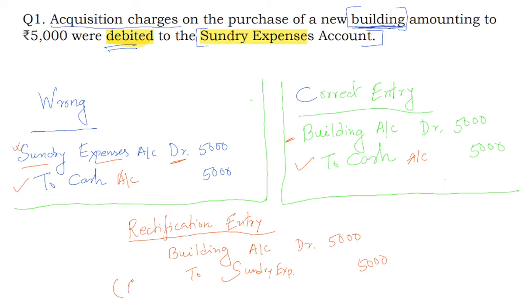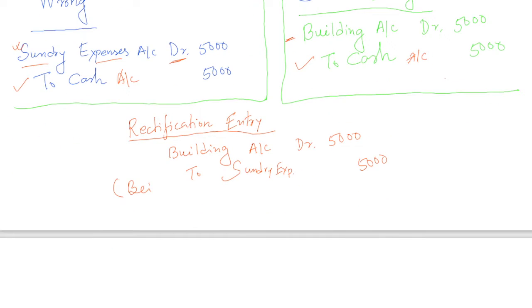So we'll pass the narration like this: Being wrong debit of sundry expenses now rectified.